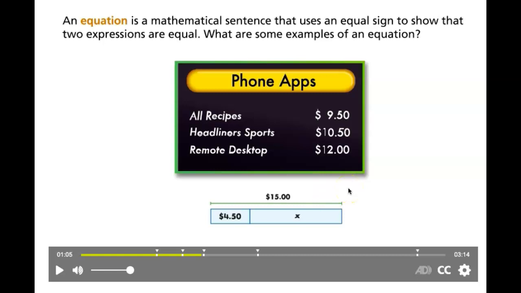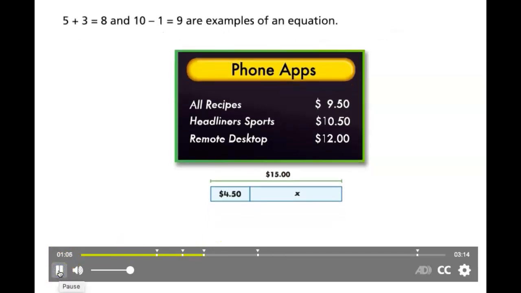Give me an example of an equation. So an example can be $10 plus 50 cents equals $10.50. That's also okay. All right, I'll take others later. So 5 plus 3 equals 8, and 10 minus 1 equals 9 are examples of an equation.